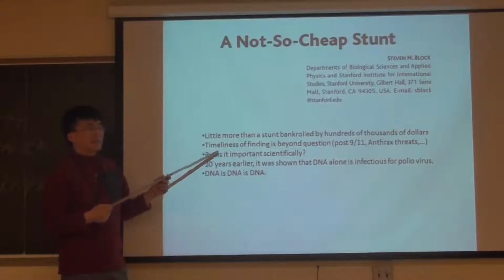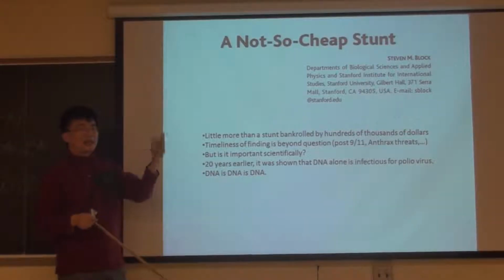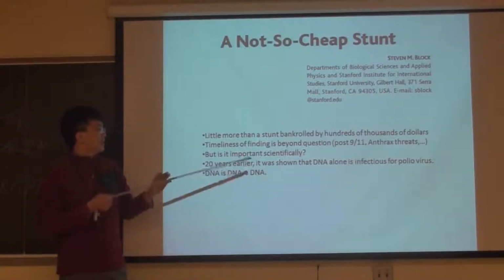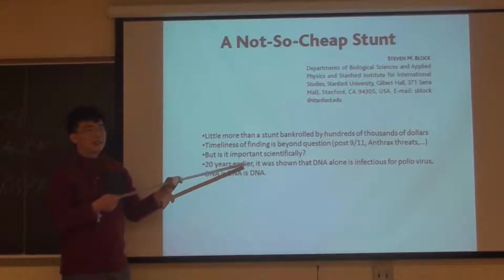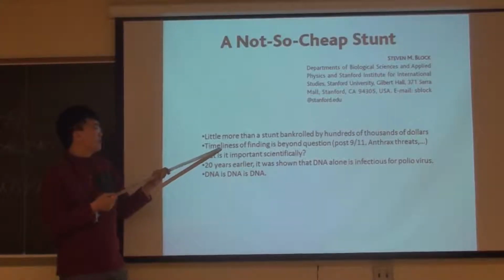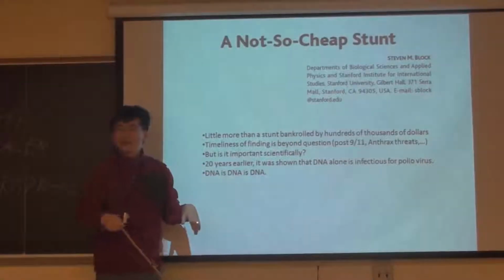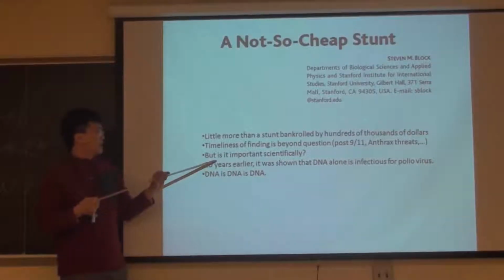And he says that Science magazine says that we are interested in findings that are of importance scientifically. So he doesn't question the primacy of the finding. But is it important scientifically?